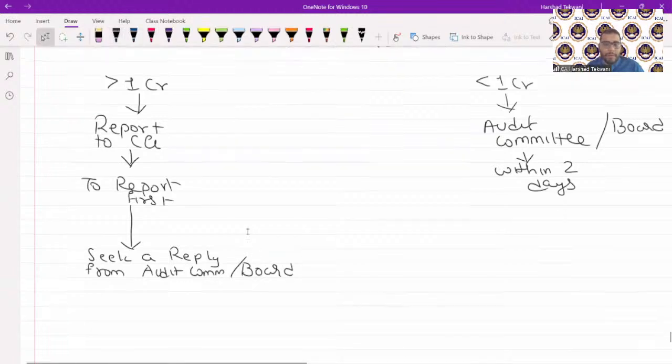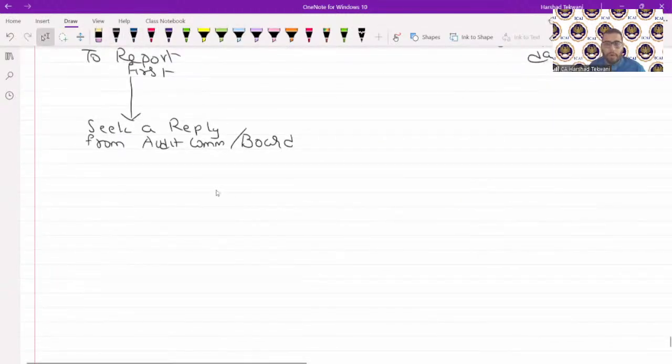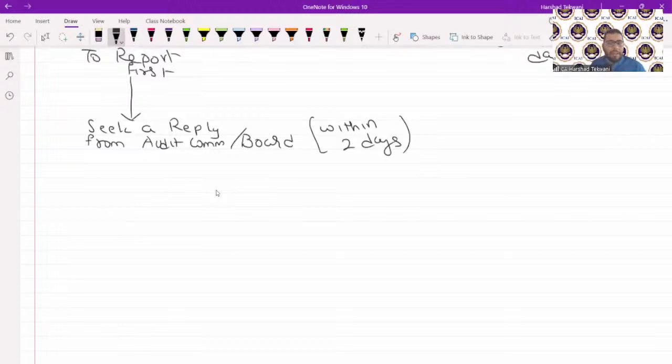You need to seek this reply within 2 days. It means you need to send a request: please provide your reply within 2 days of the knowledge. Once you have identified something, within 2 days, send it to them seeking their reply. Now they will get 45 days to respond.